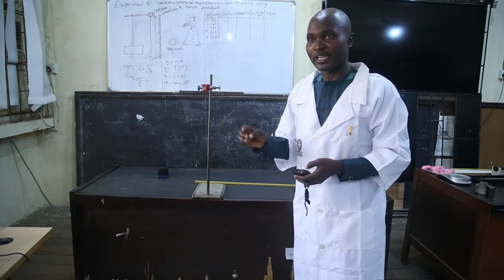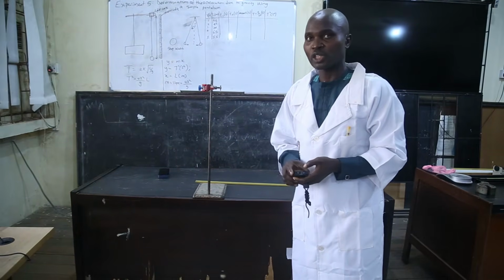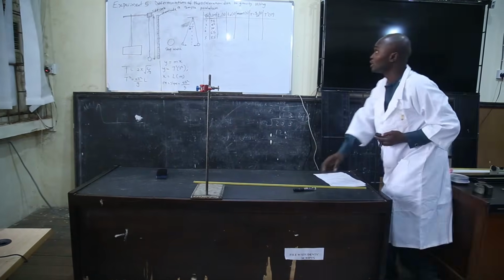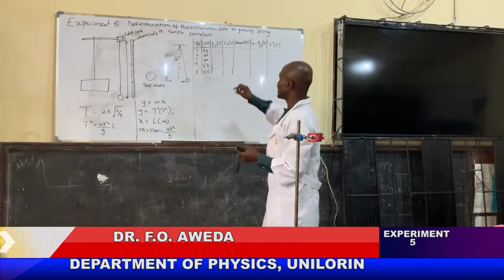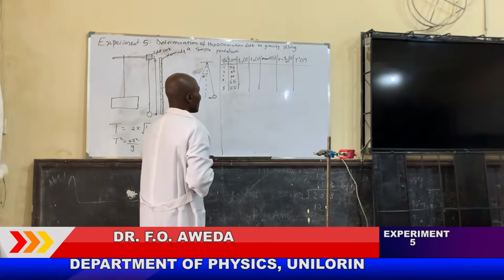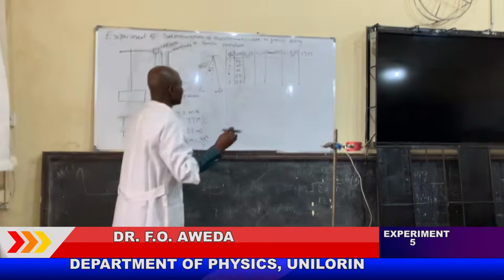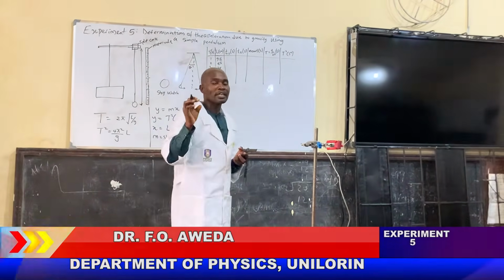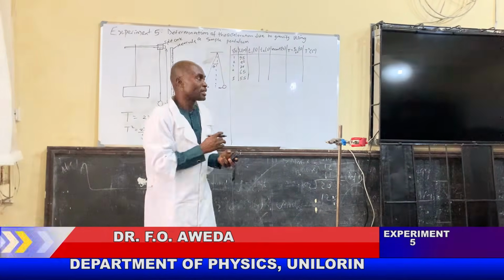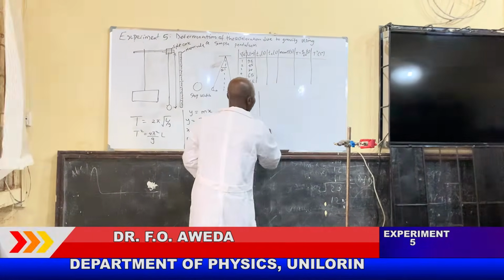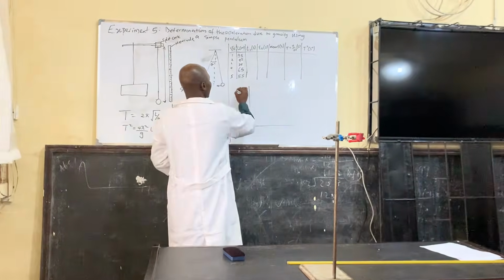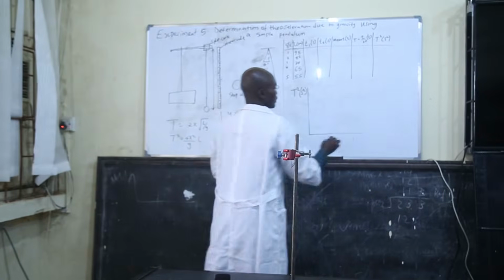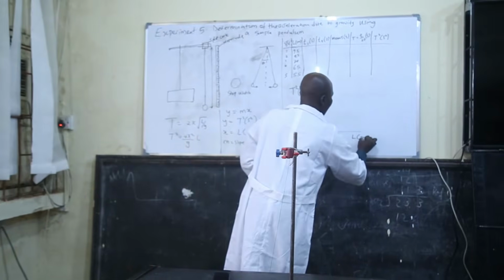As soon as I get to 20, I press my stopwatch, then I put the record of what I have done on the board. Let's say I have the value, I write the value. After I've written the value, then from my slope, we are to plot a graph for this experiment: your T squared in seconds squared, and your length, which is in meter.